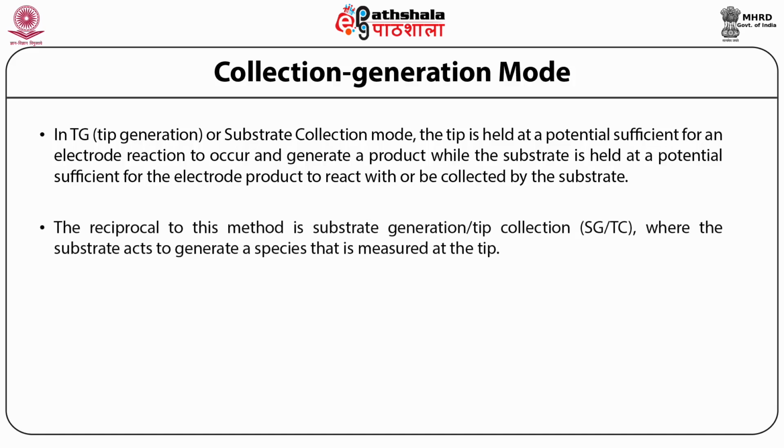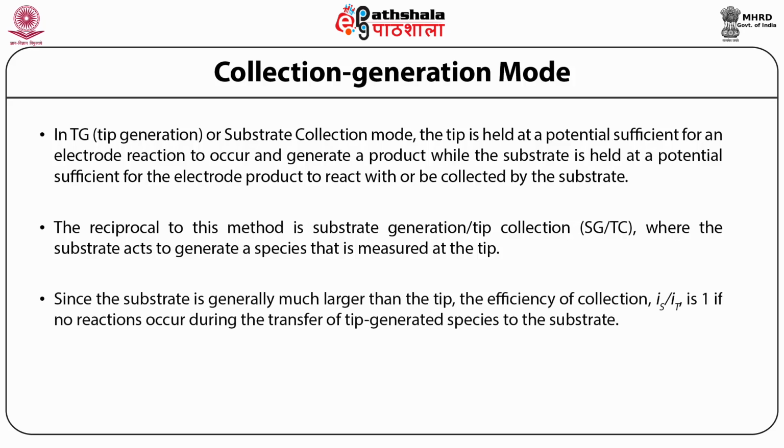The reciprocal to this method is substrate generation or tip collection, where the substrate acts to generate a species that is measured at the tip. Both variations are also categorized as direct modes.